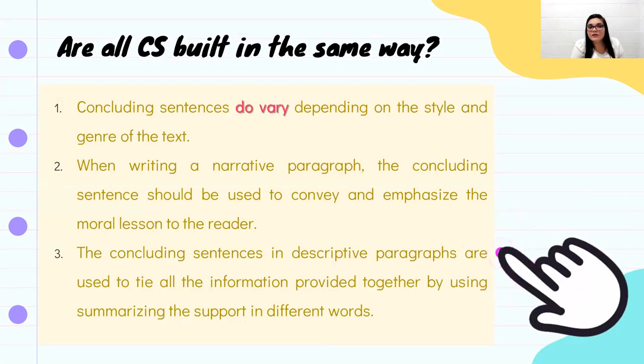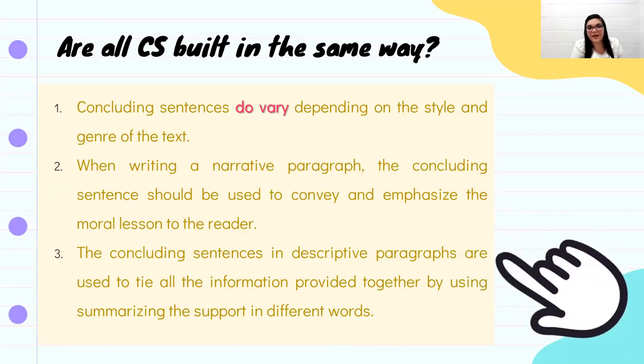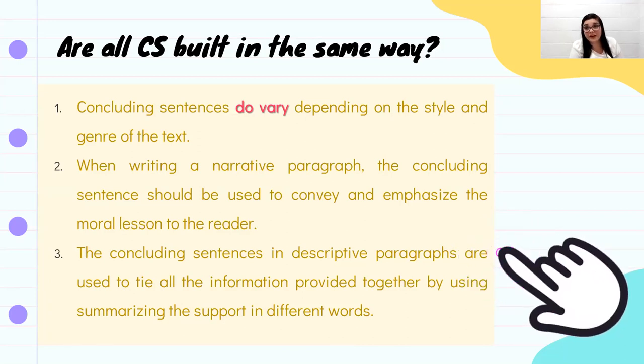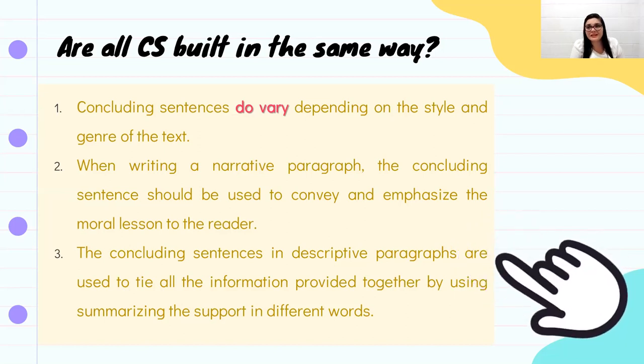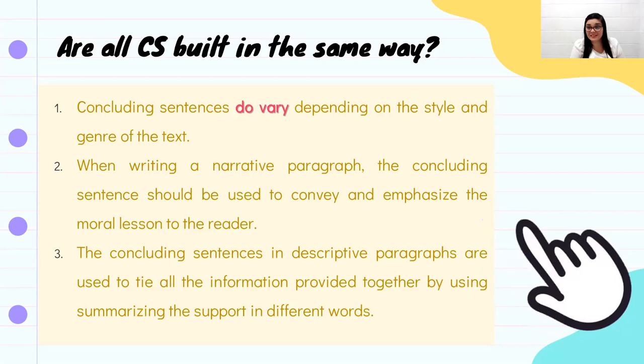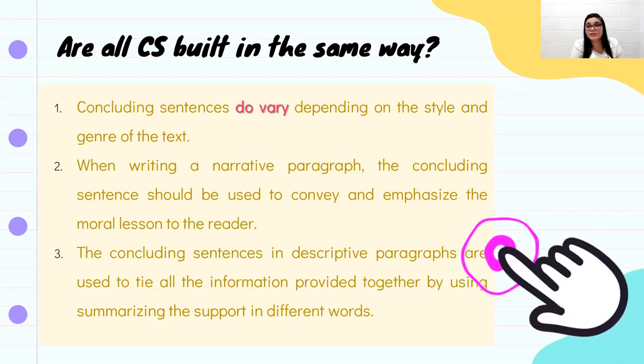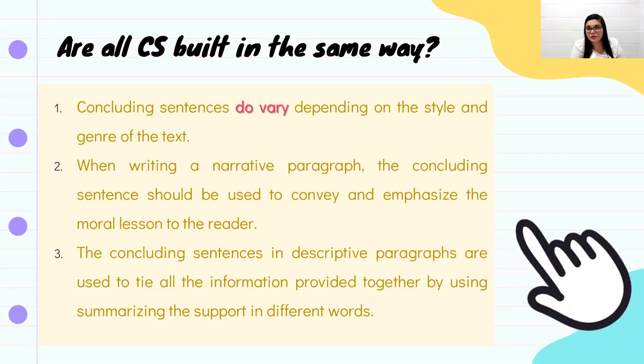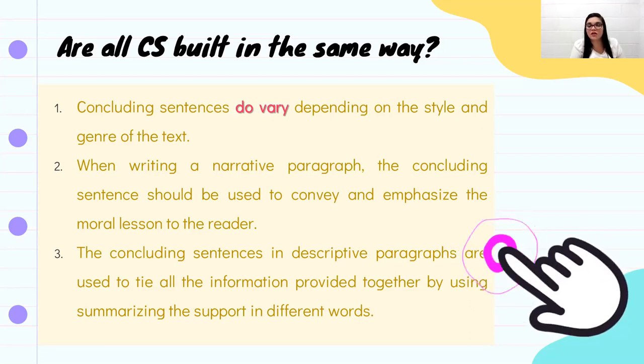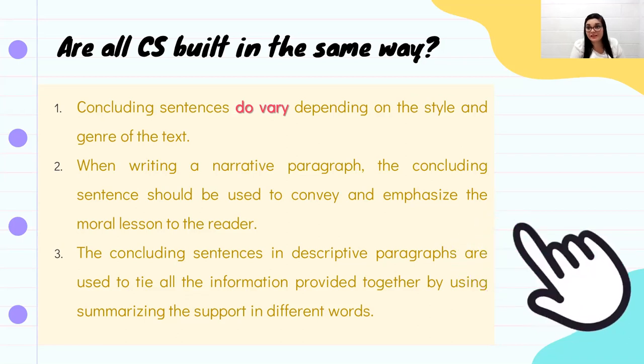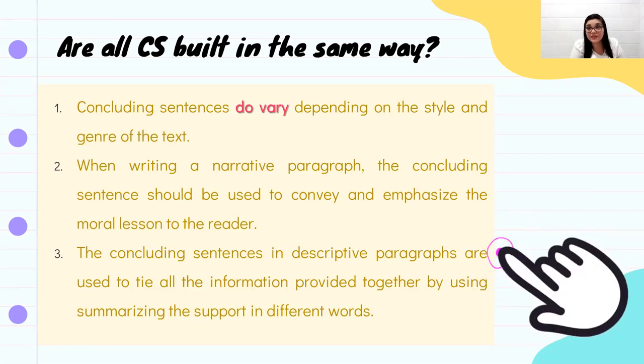Are all the concluding sentences built in the same way? No. Concluding sentences do vary depending on the style and genre of the text. You will later study the paragraph styles. And when we talk about styles, we can talk about narration, description, illustration, persuasion, comparison and contrast, and definition, etc. There are at least 7 types of paragraph styles that we're going to study.